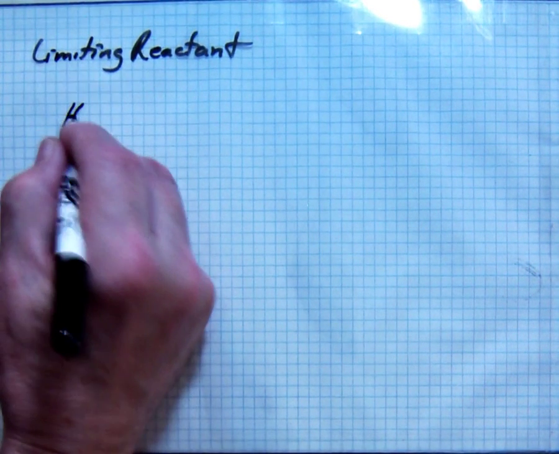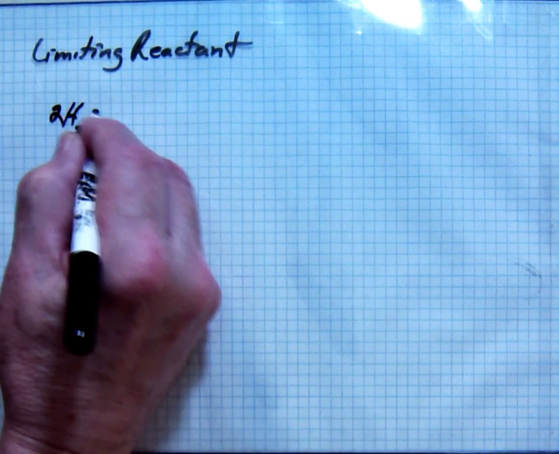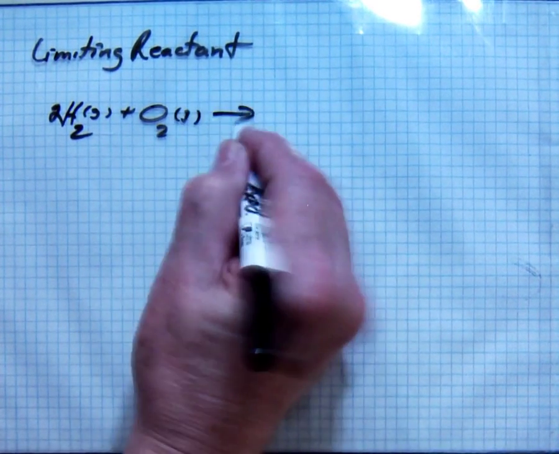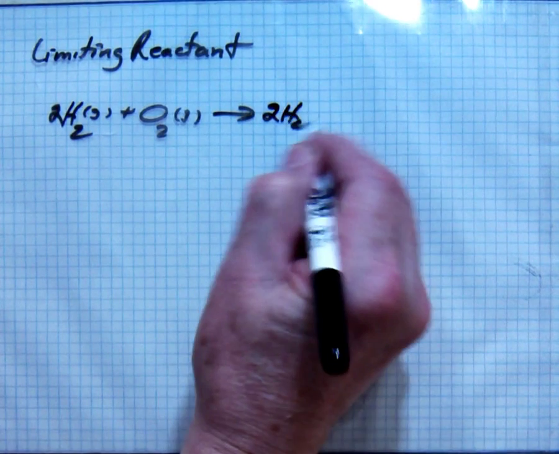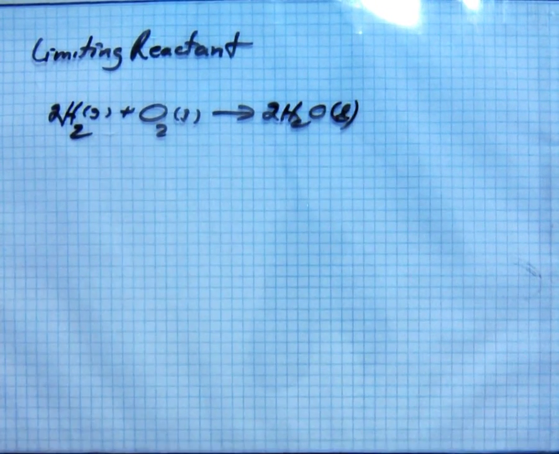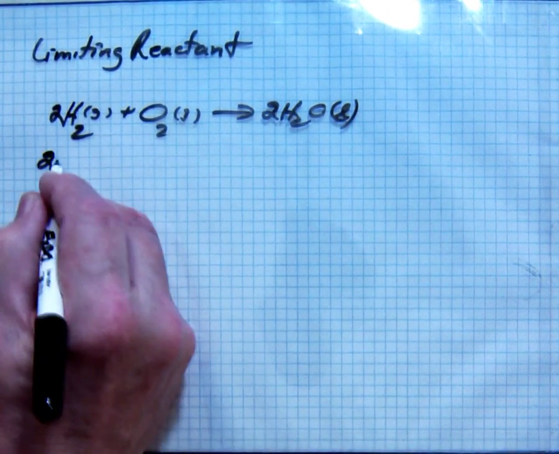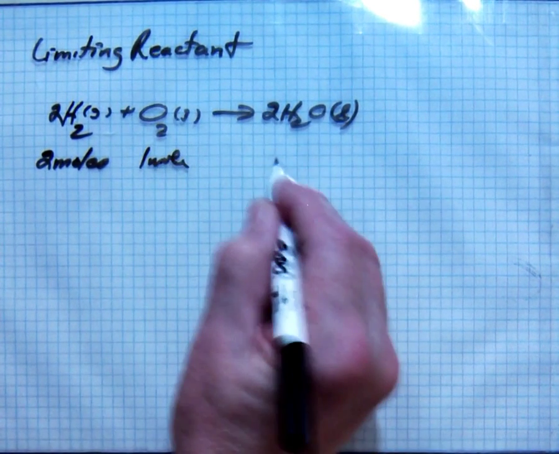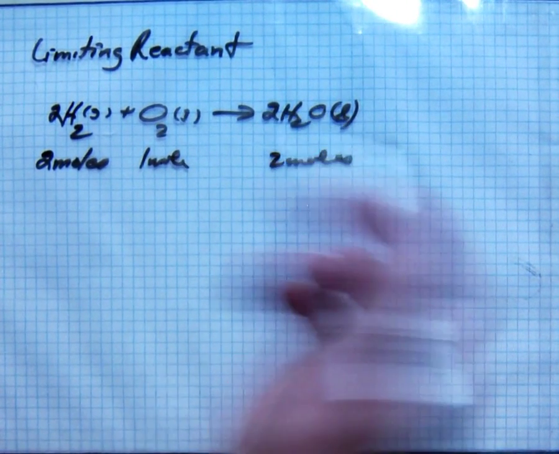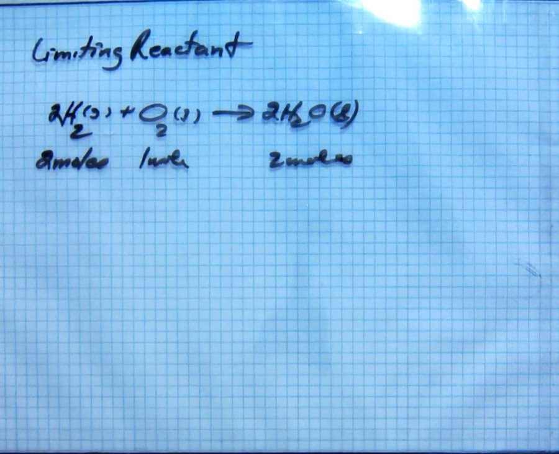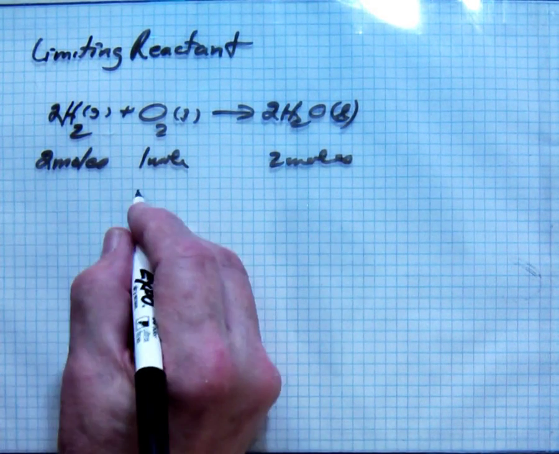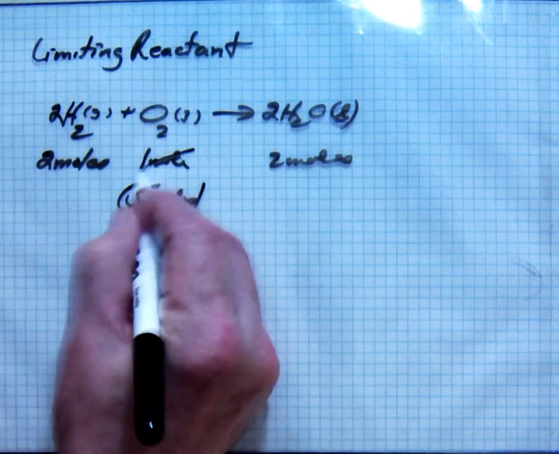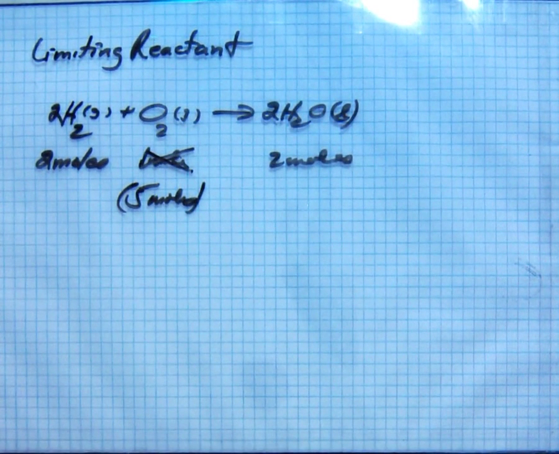If I had H2 gas plus O2 gas goes to 2H2O as a liquid, this says I have 2 moles, got to have 1 mole here, and I've got to have 2 moles here. Okay? What if we had 5 moles instead of 1 mole?